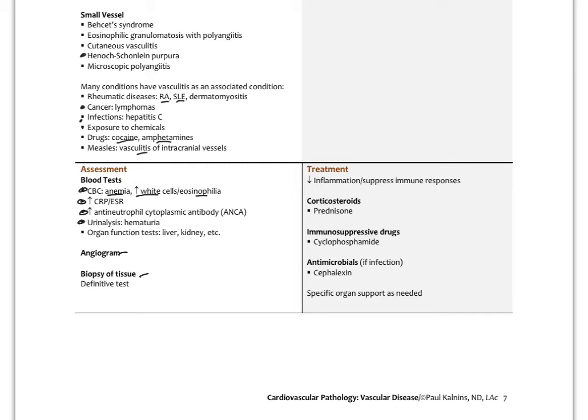The treatment for vasculitis is basically to decrease or suppress the immune response. And so that involves corticosteroids like prednisone, immunosuppressive drugs like cyclophosphamide, and then if there's infection, to do antimicrobials like cephalexin, antibiotic, and then specific organ support is needed. So I'm being very general on this category.